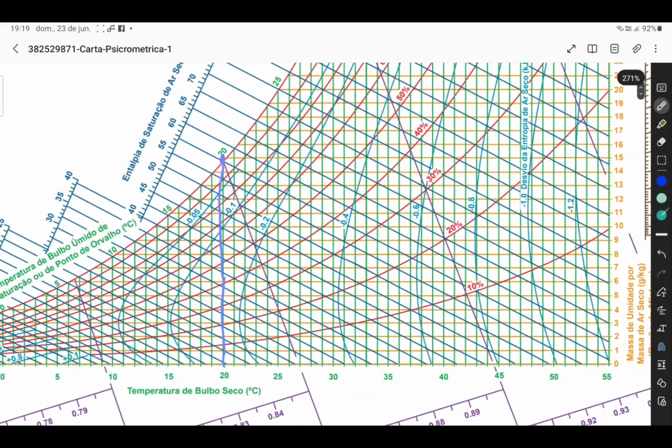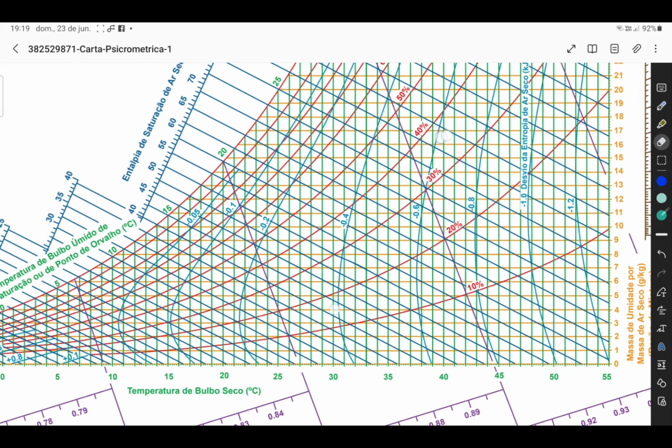If my humidity is 30%, I'll go here and find a wet bulb temperature of 15 degrees, okay? Let's erase these lines here.